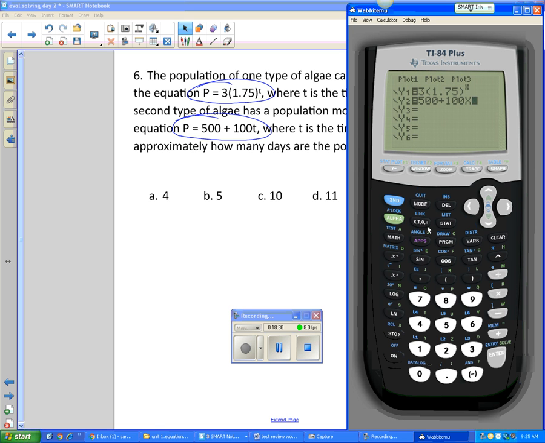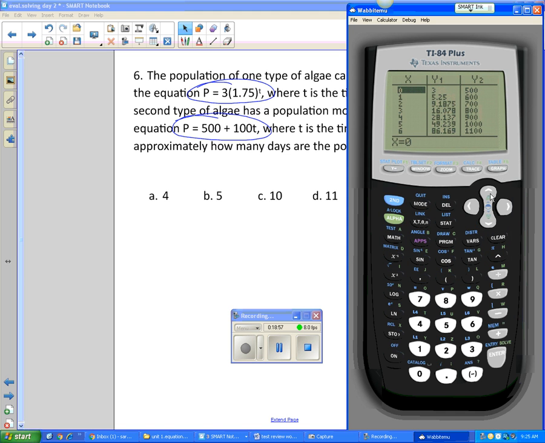Ethan H, got them both typed in? All right, Dylan, got them both typed in? So second table, always start back at 0.